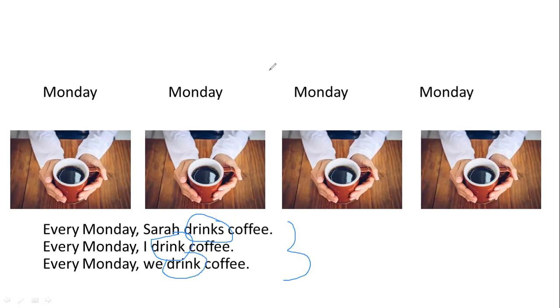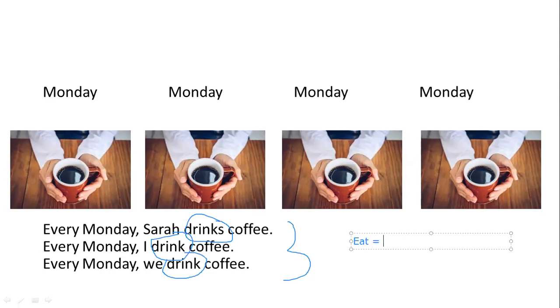when we talked about verbs in the previous video, we said that the verb in the present simple can have two forms. It can either look like the infinitive. For example, the infinitive of the verb eat is eat.